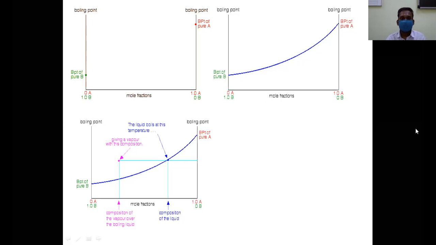Composition of vapor of a solution of liquid composition in blue dot. Since the composition of vapor and liquid are not identical, we get two different points. Had they been identical, the points would have been the same. They are not identical because I told you the vapors are richer in the more volatile fraction. Fine.